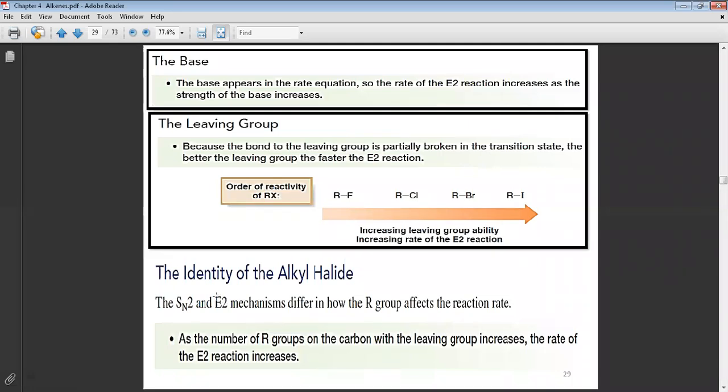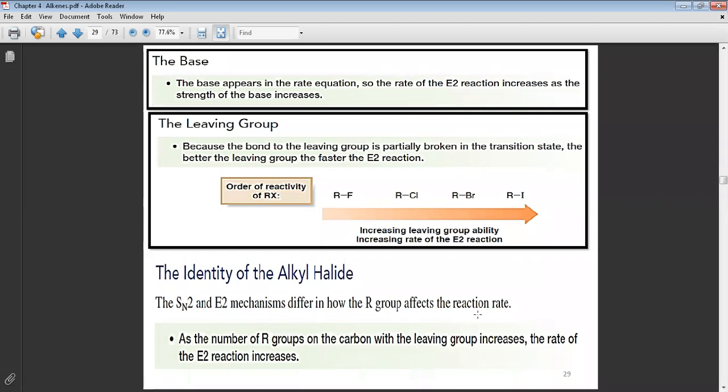Now he said here, as the number of R groups on the carbon with the leaving group increases, the rate of the E2 reaction increases. Be careful: the R groups on the carbon of the leaving group.